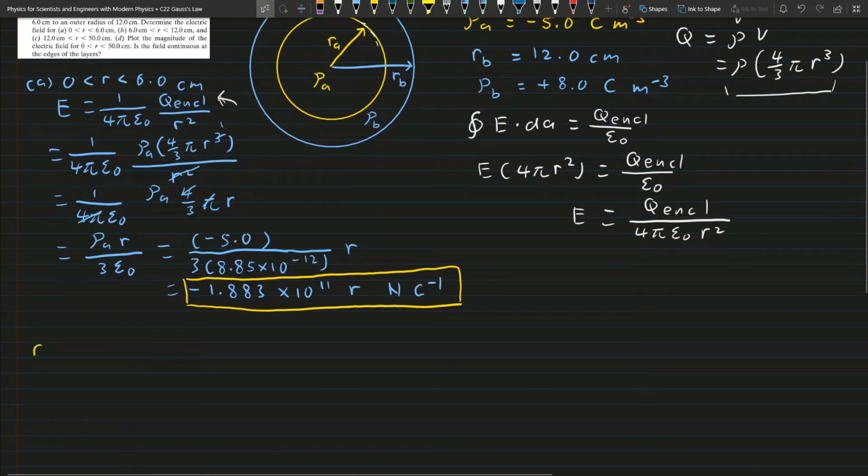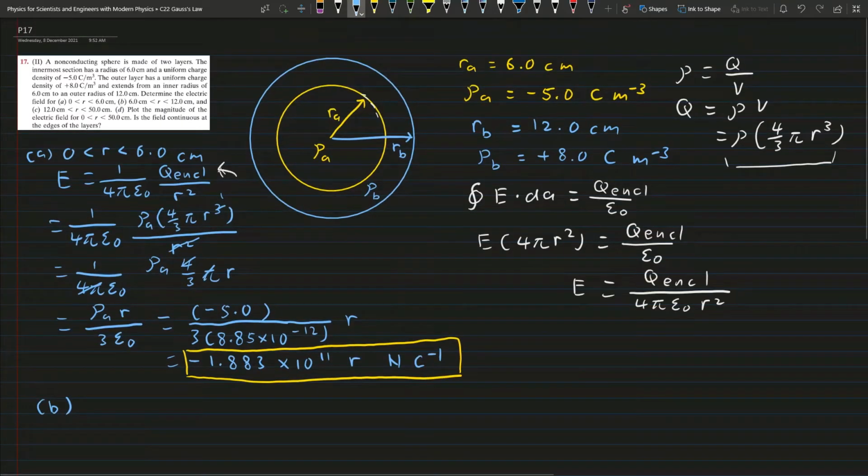Now we proceed to B. This r is between 6.0 cm until 12.0 cm.